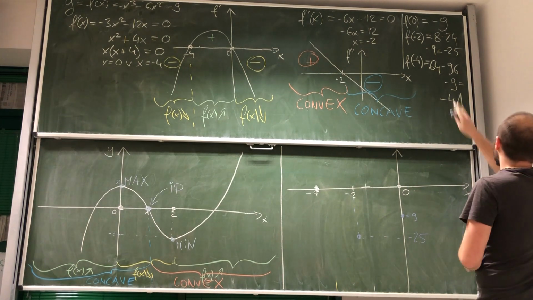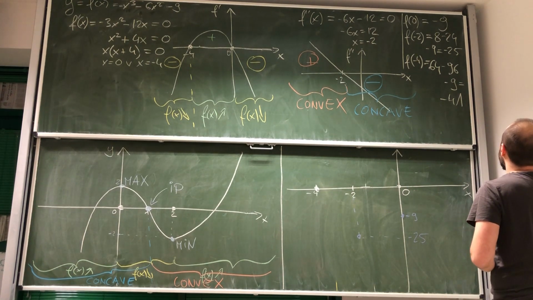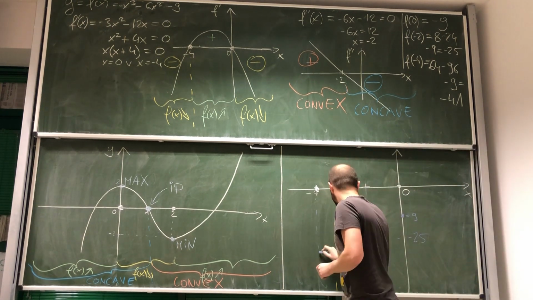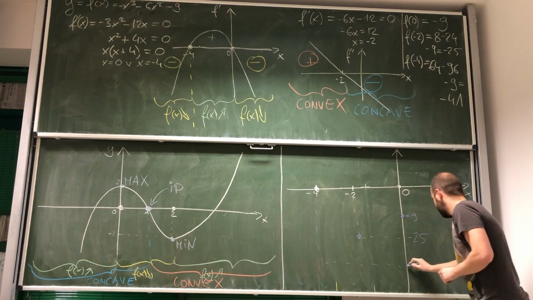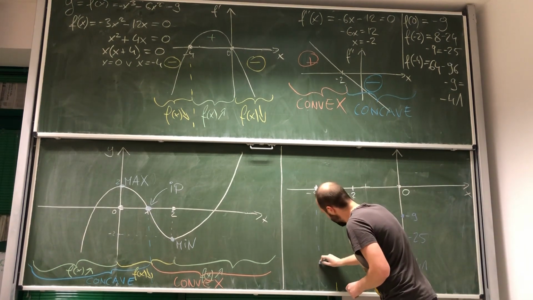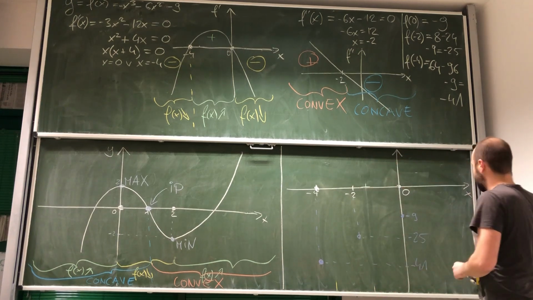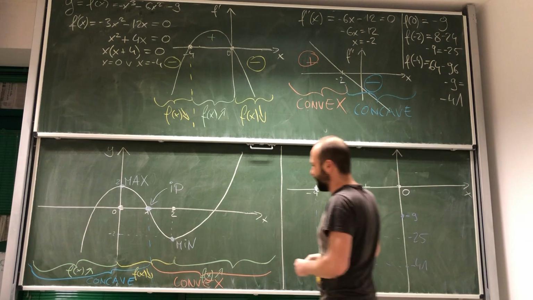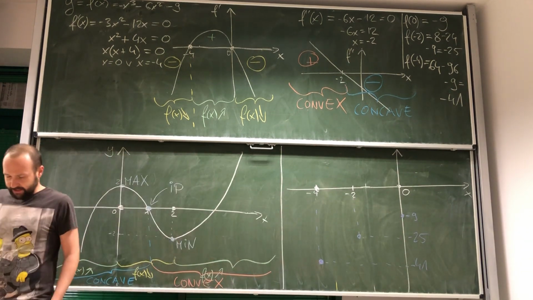Then we know that if x is negative 4, then y is negative 41. Okay. Now, I don't have enough space, but I think from our experience, we can already see what is going to happen.